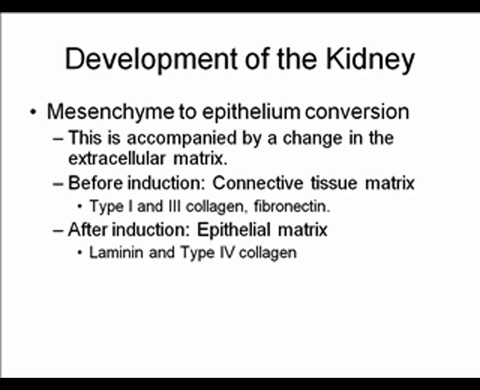And what this means is that we will have a connective tissue morphology to the mesenchyme before the induction. That is, what do you see in connective tissue? Type 1 and type 3 collagen, fibronectin, etc. And after induction, you're going to see things that are reminiscent of the basal lamina. Things like type 4 collagen and laminin.